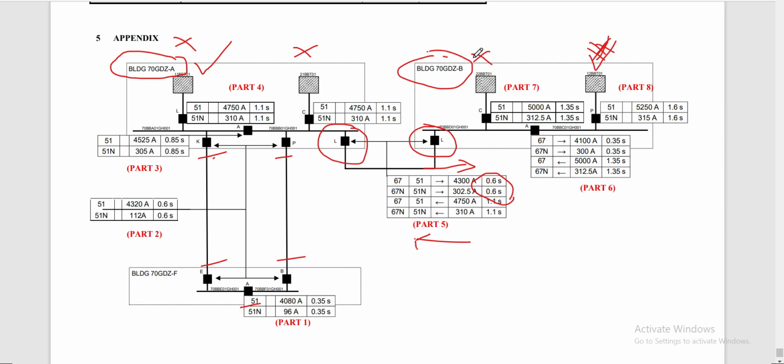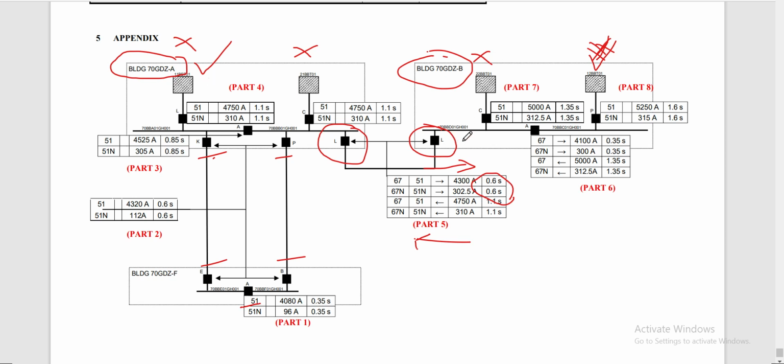Since this one is not available, the next relay downstream will be this, so our time setting will be 0.35 seconds. Here downstream will not be changed, since in this second condition the power source is taken from building A.